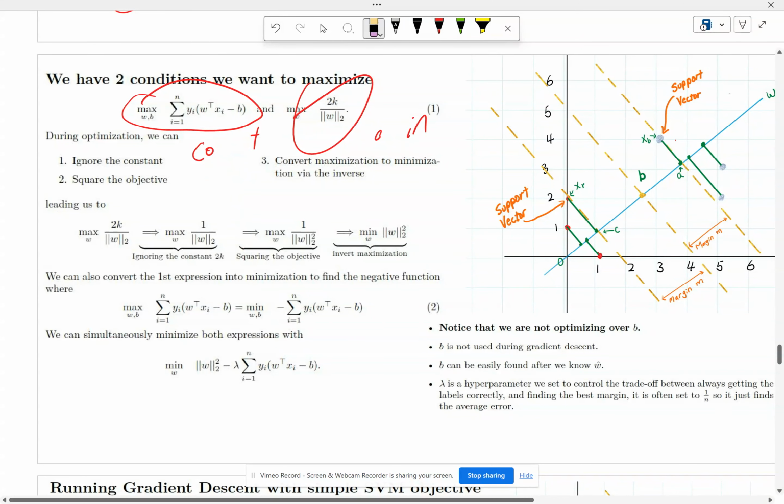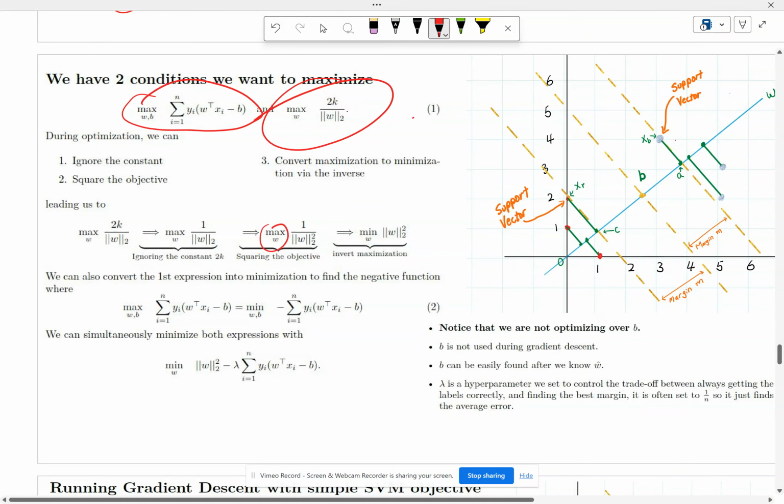Now, let's look at this very quickly. When we're trying to maximize this, I told you the constants don't matter, so we can just ignore the constant. Once you ignore the constant, I also told you squaring it doesn't matter, so we can just square it.